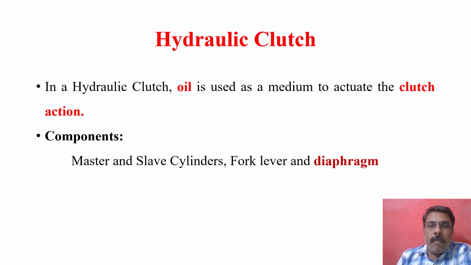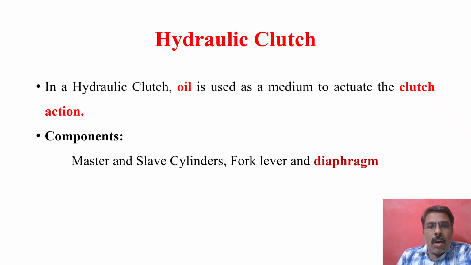Previously, in the frictional clutch, we used spring force to actuate the clutch action to transfer the power from the driver shaft to the driven shaft. In the case of the hydraulic clutch, oil is the medium used to actuate the clutch action.